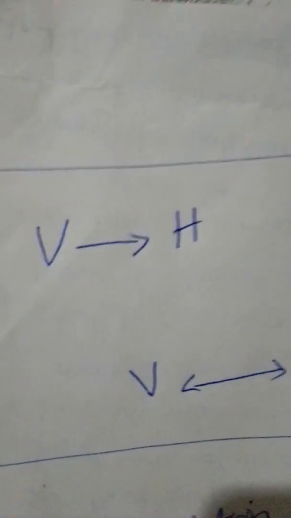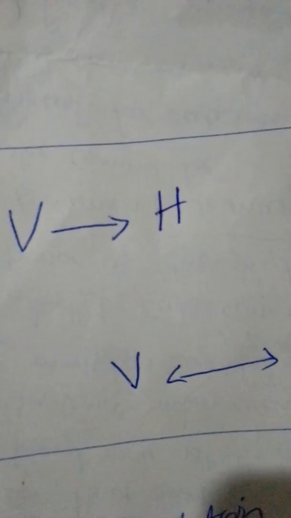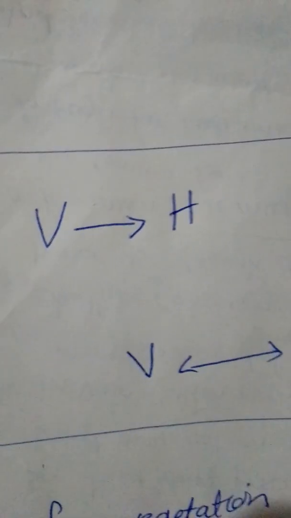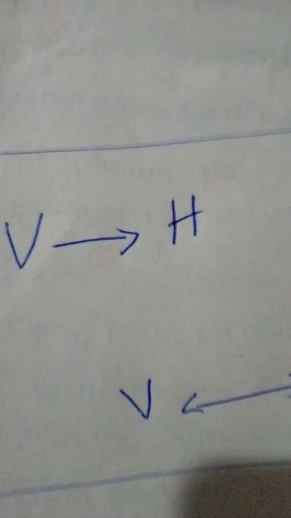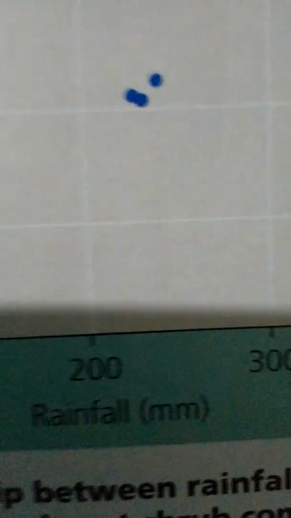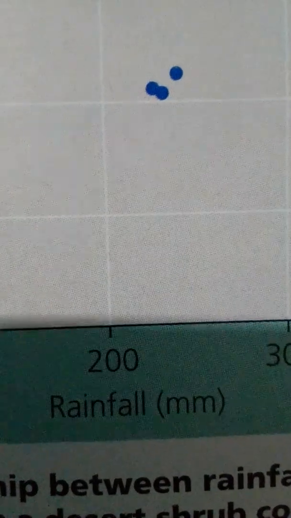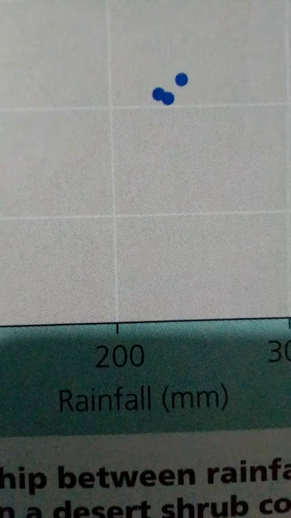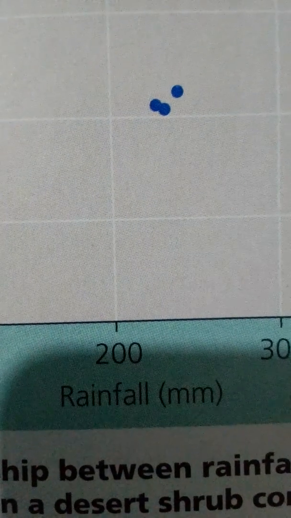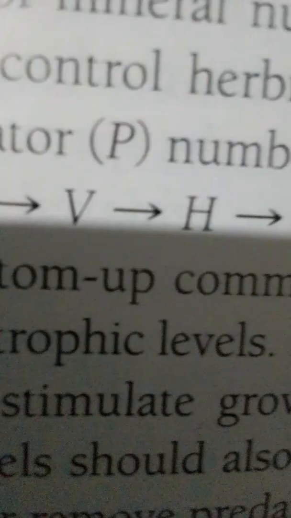In this case, the presence or absence of mineral nutrients, N, controls plants, V, numbers, which control herbivores, H, numbers, which in turn control predators, B, numbers. The simplified bottom-up model is thus N to V to H to B, as shown in this figure.